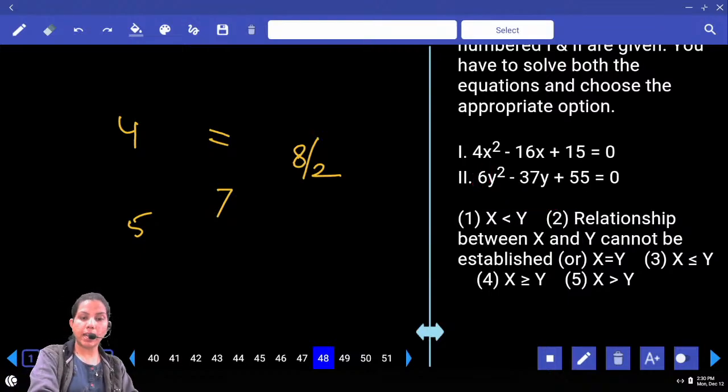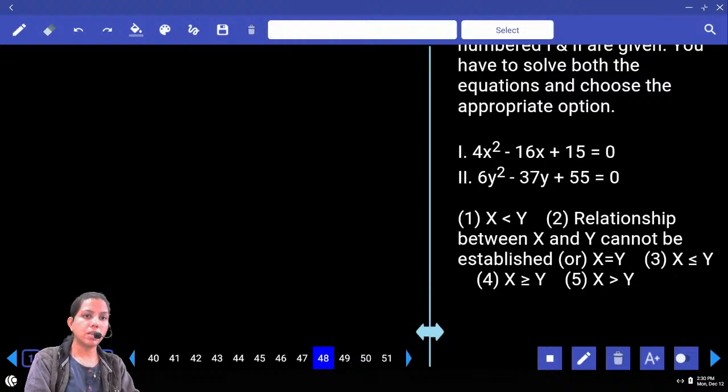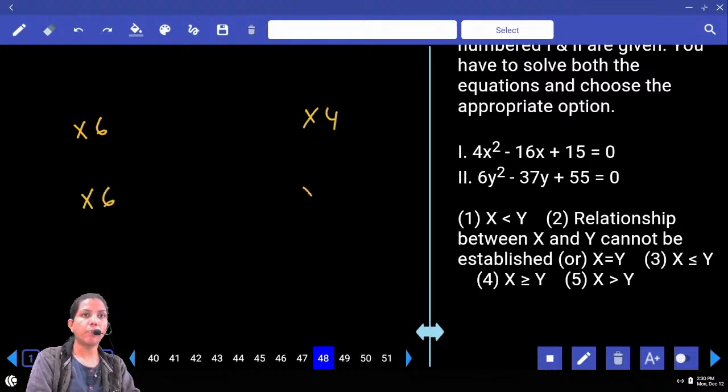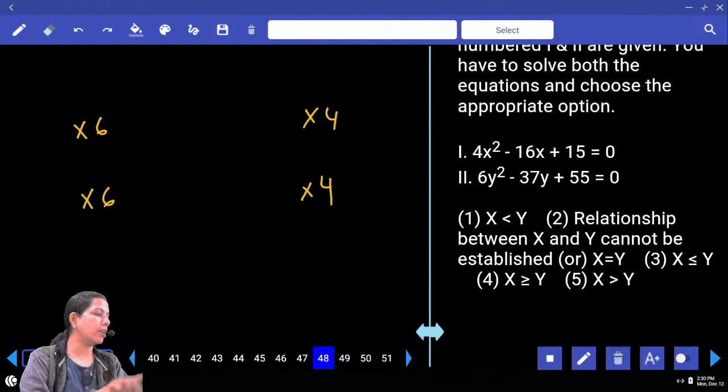Next, question number 48. Positive roots or negative roots? X value is positive, y also positive. What is the x² coefficient? The y² coefficient? Not the same. They are not the same, so x is multiplied with 6 and y is multiplied with 4. Your question is only to find the relation, not x, not y. What is 4 15s?